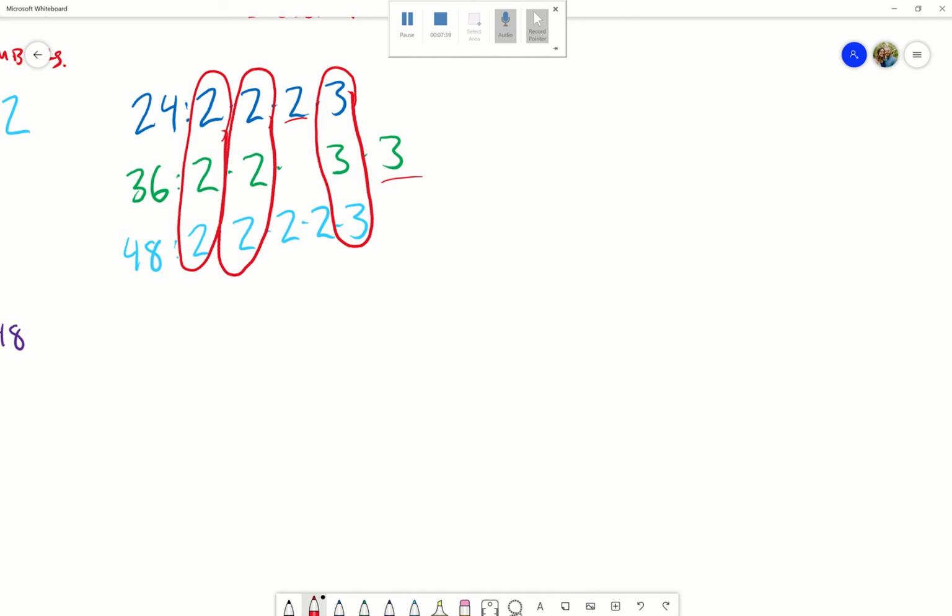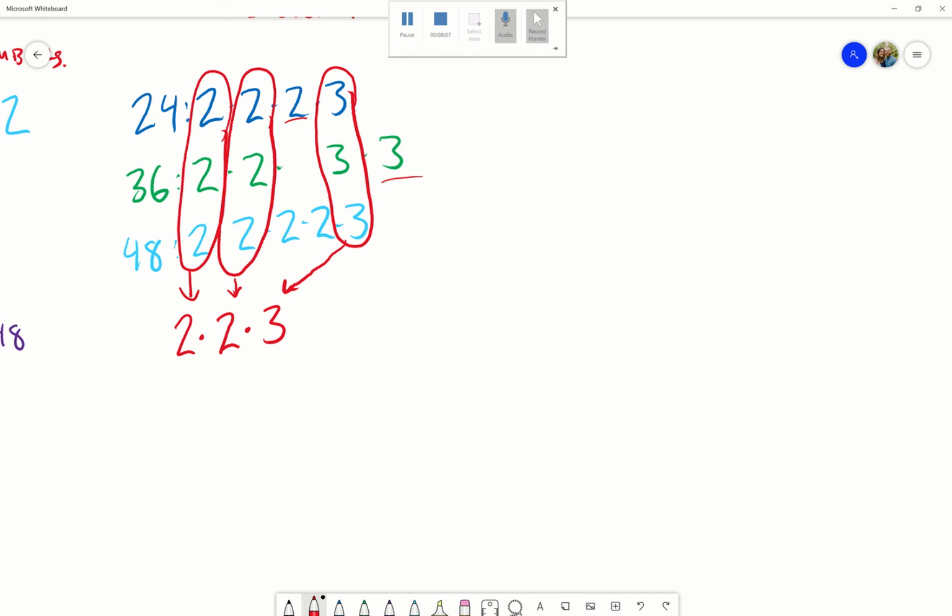All right, so 2, 2, and 3. Now, what we do with this is we take each of these groups, and each of these groups becomes one number down here. So all of these 2's are going to combine to be a 2, times all of these 2's are going to combine to be another 2, times all of these 3's are going to combine to be a 3.